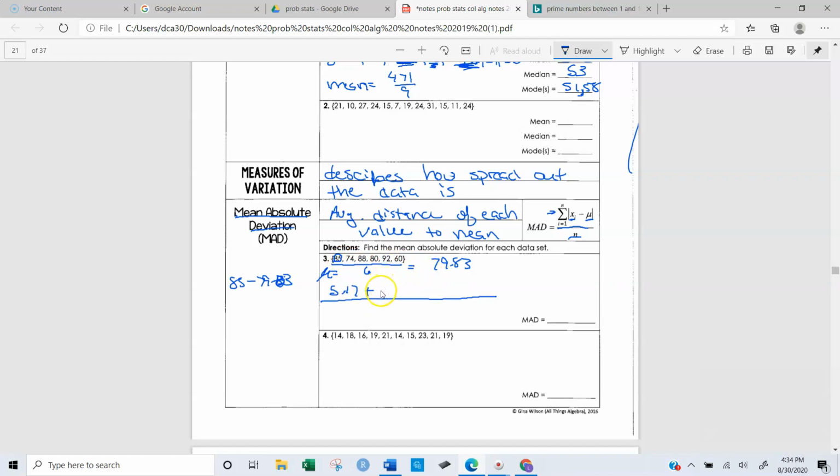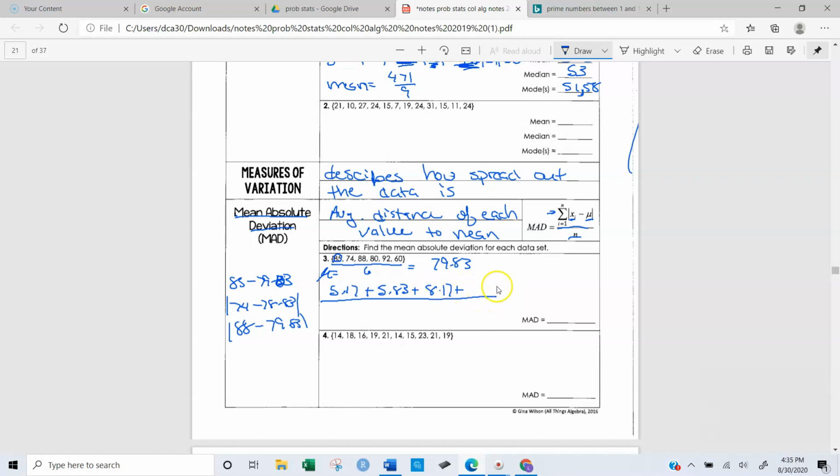When you do that, you get a negative number, but the absolute value means I write it as positive. So the absolute value of 74 minus 79.83 is 5.83. Plus, now you do the same thing with 88. So 88 minus 79.83, absolute value is positive, 8.17.